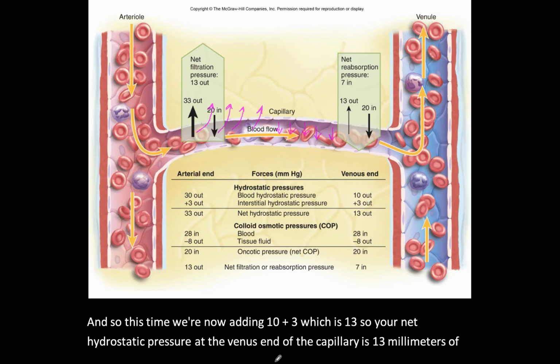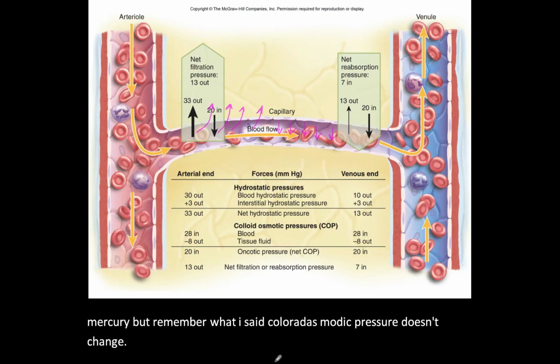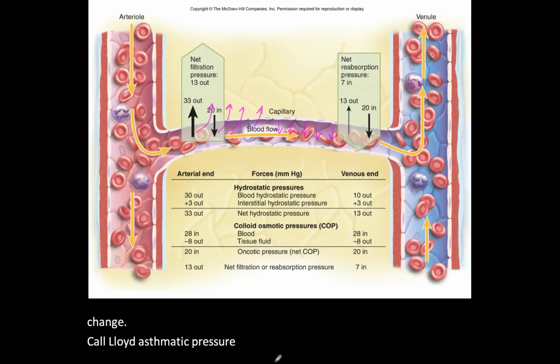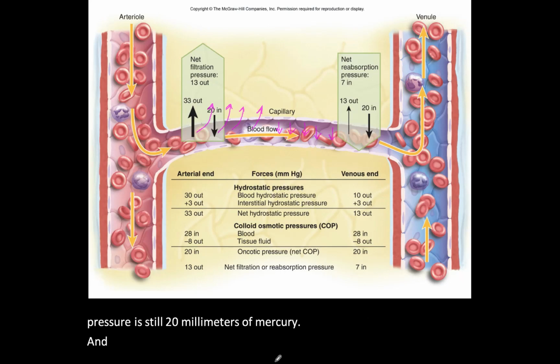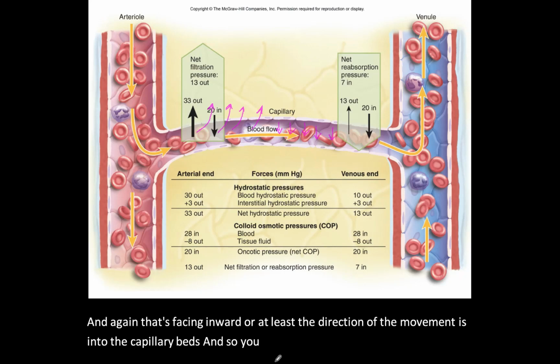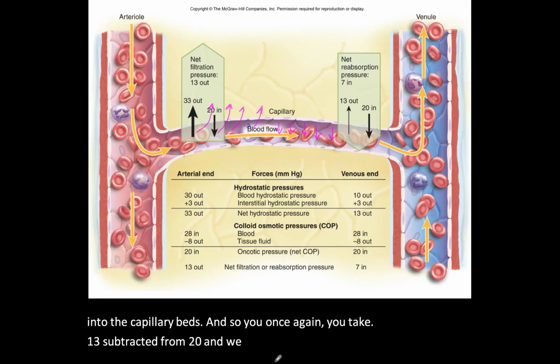But remember what I said. Colloid osmotic pressure does not change. And so that oncotic pressure is still 20 millimeters of mercury. And again, that's facing inward, or at least the direction of the movement is into the capillary beds. And so once again, you take 13, subtract it from 20, and we get negative 7, or in other words, moving into the capillary.